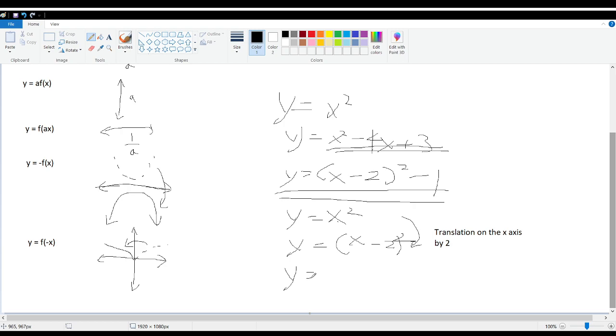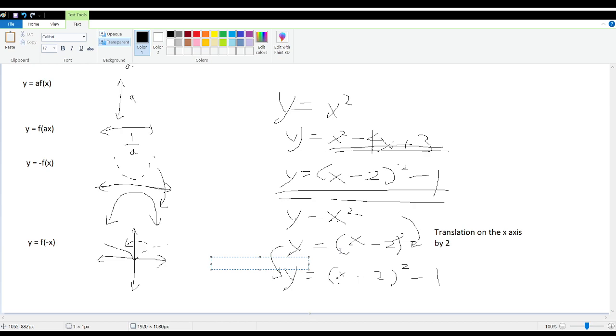Then, this. And this is just, as you can see, minus 1, right? So it's just a translation on the y-axis by negative 1.